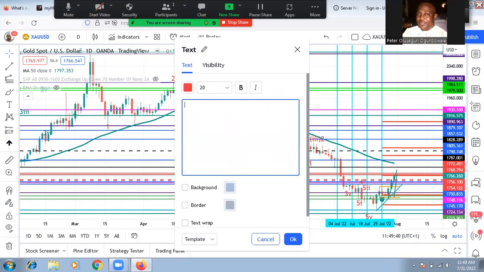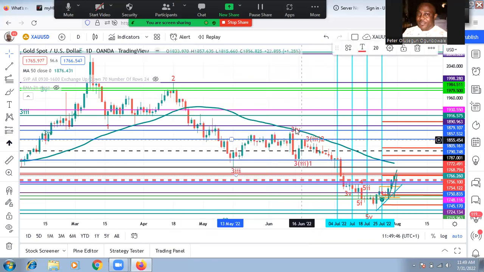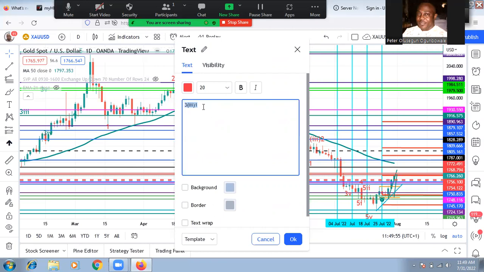So a 3-3. Now this is the 3-4. This one looks like a 3-5-1. But I'll still teach us the best way of labeling all this. This will be like a 3-5.